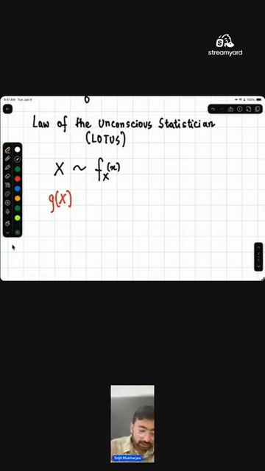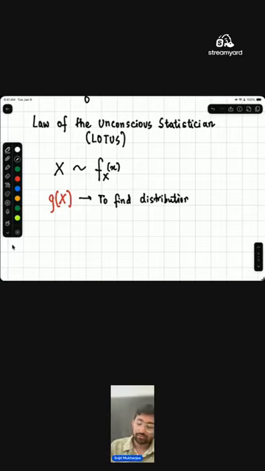This law of the unconscious statistician says that if you have a random variable g(X), which is a function of X, finding the distribution of this is a huge task.